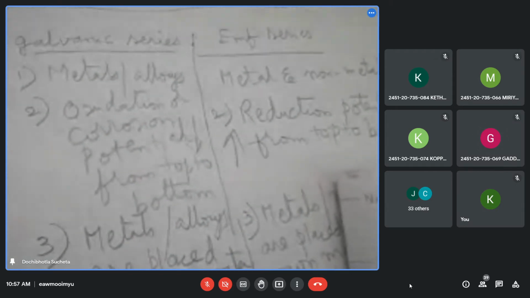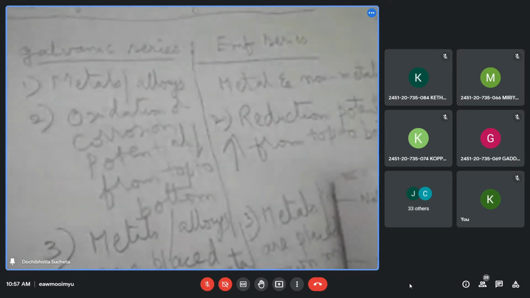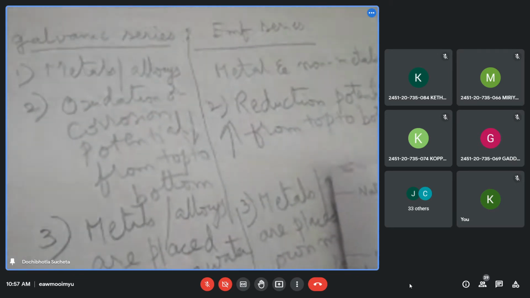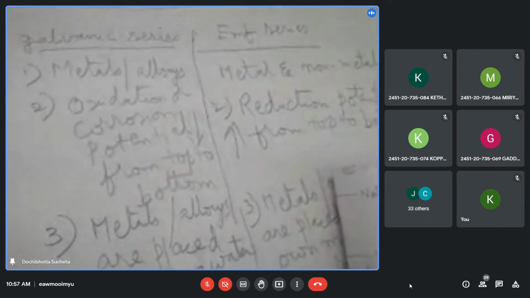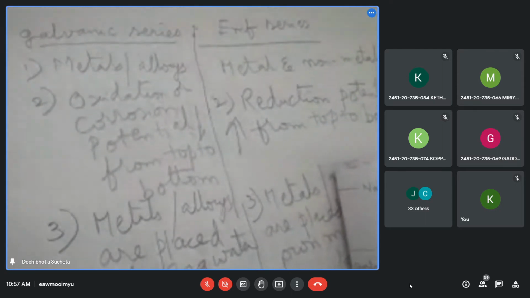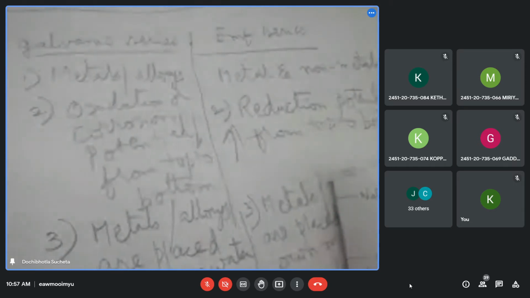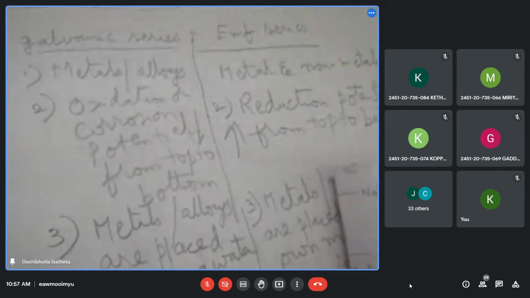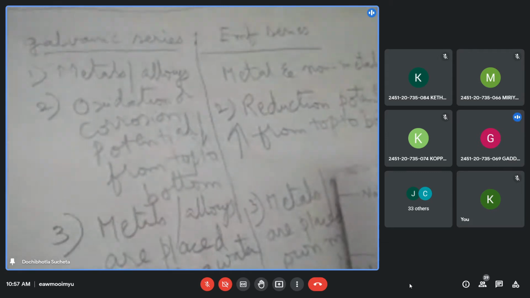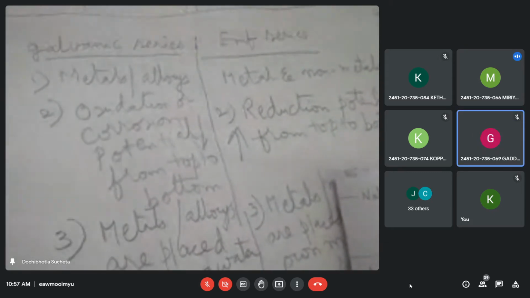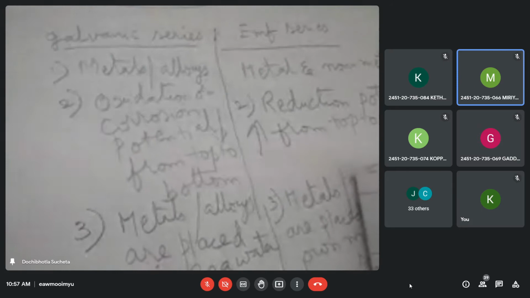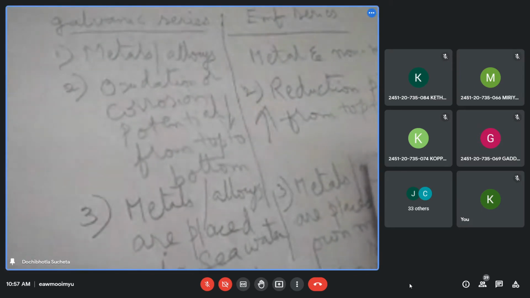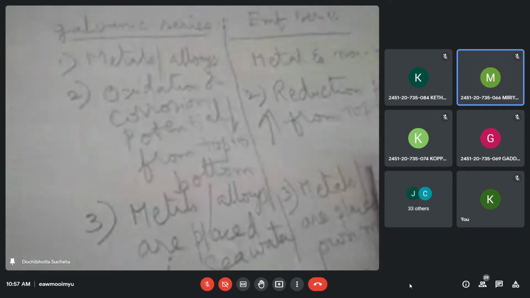Why? Hello. Why does iron suffer corrosion? More oxidation potential as compared to copper. Very good.